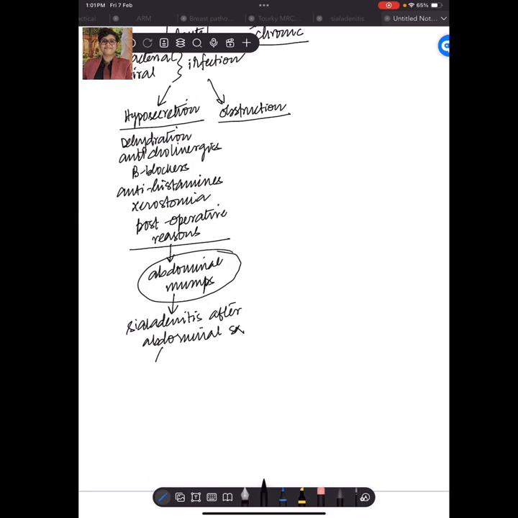The mechanism mainly involves two factors: use of atropine, which is given to reduce the secretions, which ultimately provides the organisms a very good environment for proliferation, and also prolonged NPO state before any kind of abdominal surgery, which results in dehydration, which is again a cause of hyposecretion. So this is known as abdominal mumps.